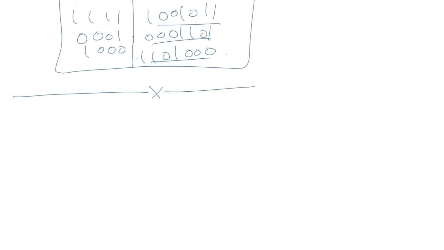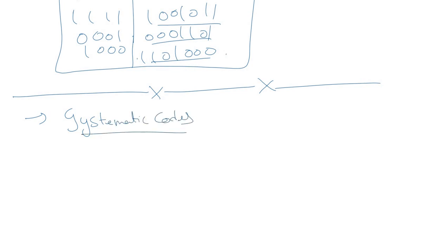So till now we have seen the general case of the cyclic codes. We have not seen the systematic version of the cyclic codes. In a systematic code, the first k bits are data bits, and the last m, that is n minus k bits, are parity check bits.